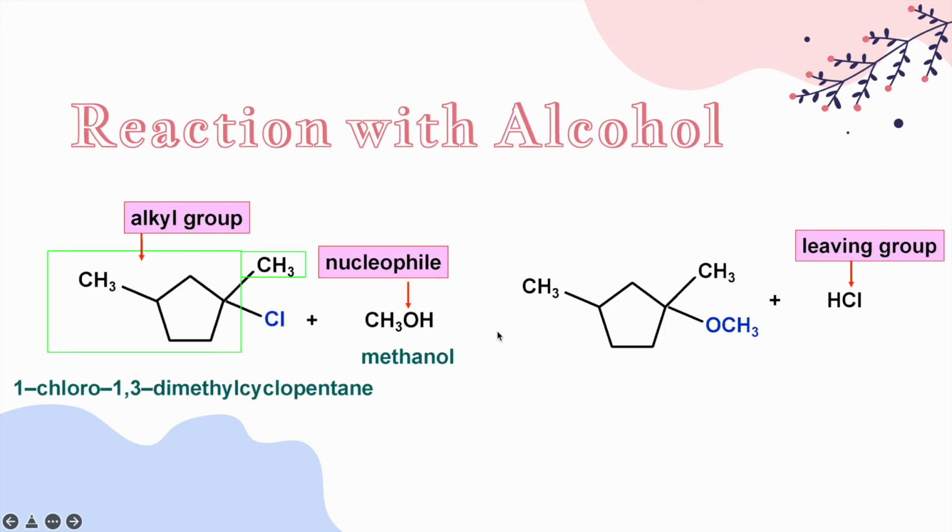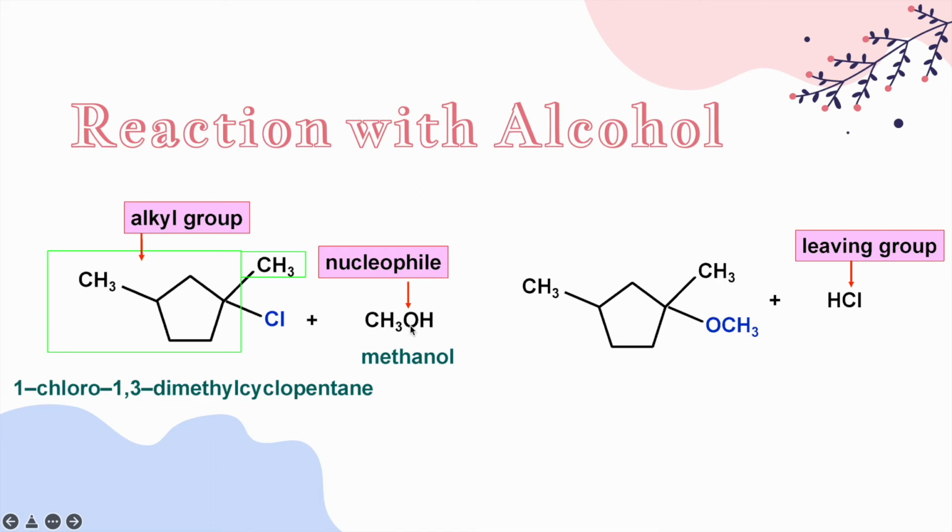Next, reaction with alcohol. The haloalkane reacts with alcohol. Here the alcohol is the nucleophile. The nucleophile is not the OH. It's the CH3O negative. When it reacts with the nucleophile alcohol, the R group O negative will replace the Cl.